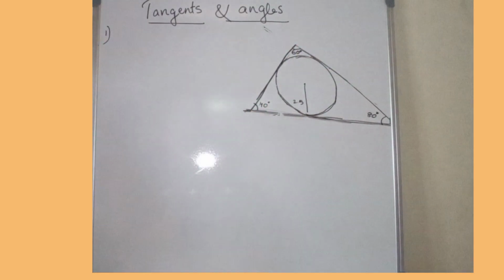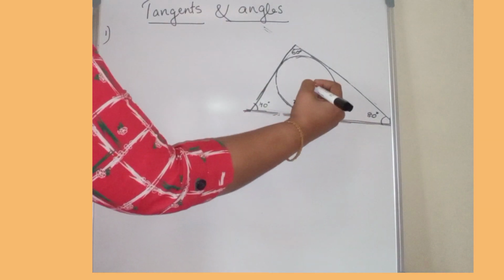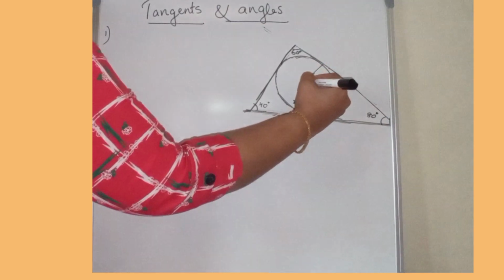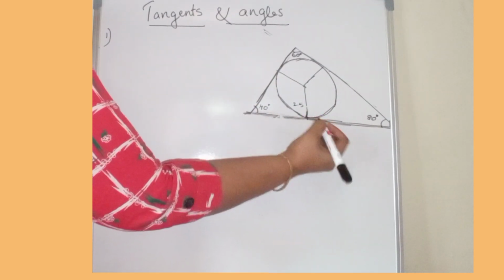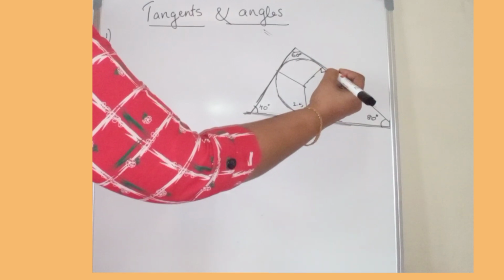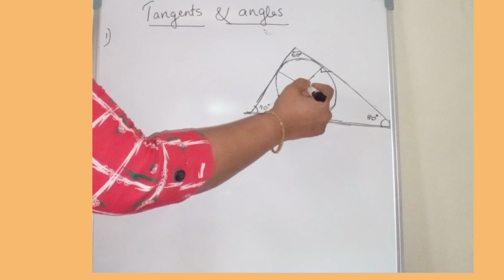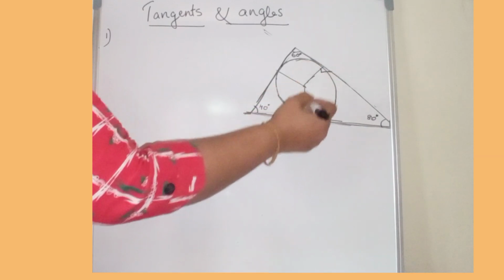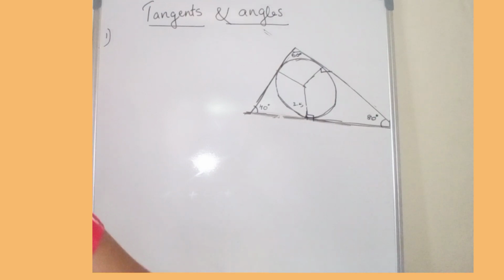How to construct this? We have the idea. What is the idea? The radius through a point and the tangent through that point form 90 degrees. All these angles are 90 degrees. And one more thing: the radii through 2 points and the tangents through those points form a cyclic quadrilateral.